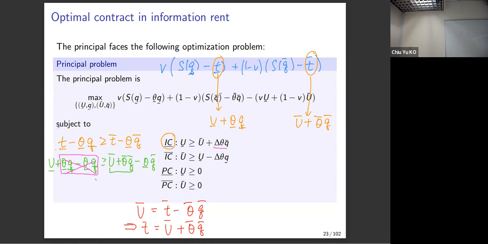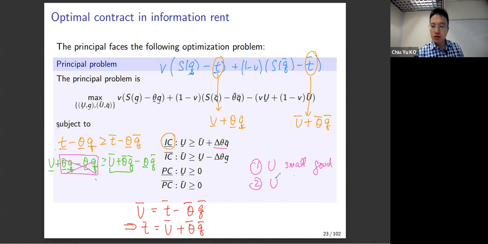And for the principal, higher U is worse. So I want to make U as low as possible. The lowest U you can go is 0. So the first argument is: small U is good.